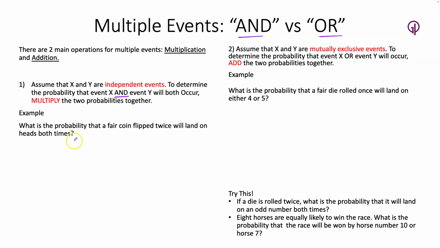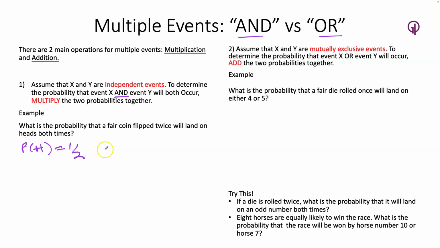Now, because it is asking for the probability that the coin will land on heads on the first flip and the second flip. So the probability of landing heads on the first flip is what? Is half.